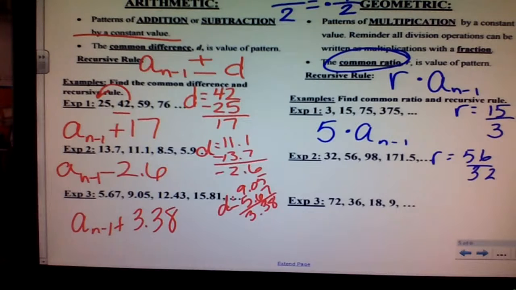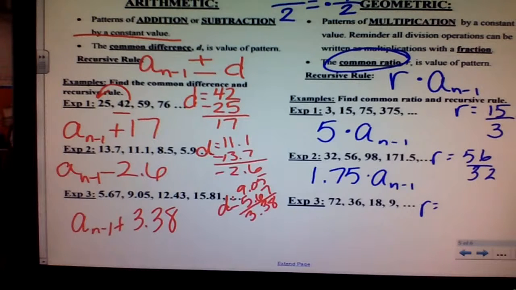What's 56 divided by 32? 1.75 times A sub n minus 1. 1 3/4. 7/4. All the same thing. Is there a way you can put a fraction in the calculator or a decimal in the calculator? Yes.